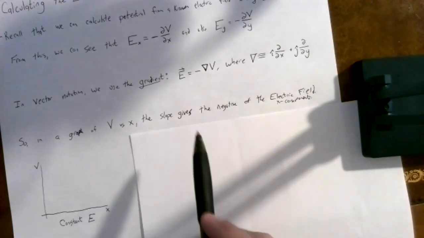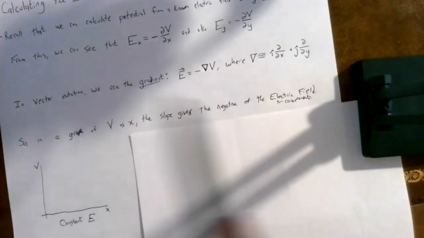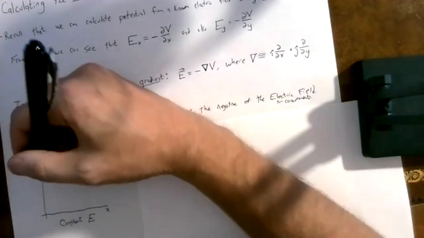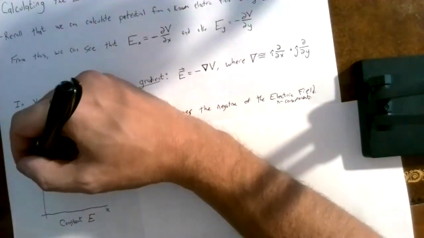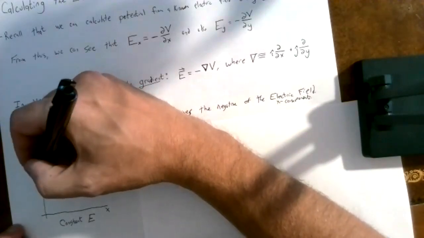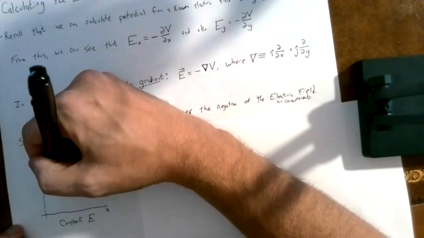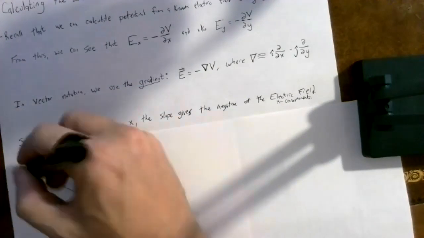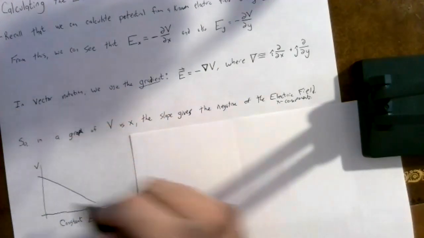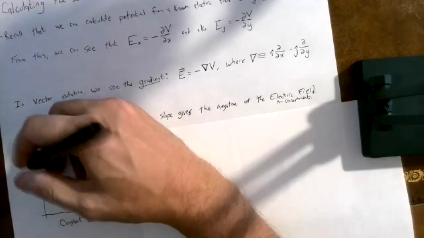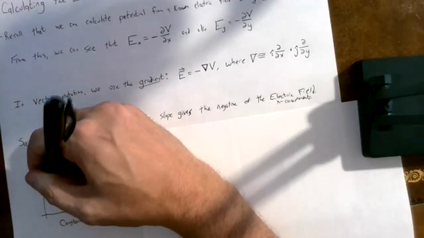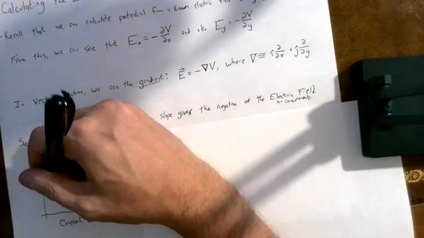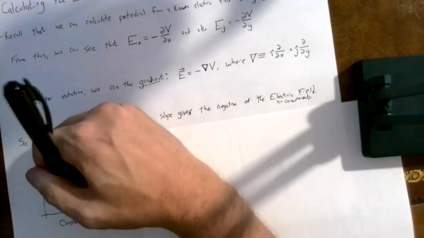And if the electric field points to the right, then our slope should be negative. So a function that gives us a negative constant slope would be any line that slopes down. So if this is our potential as a function of x, this gives us a constant electric field, because the slope is constant wherever we look.